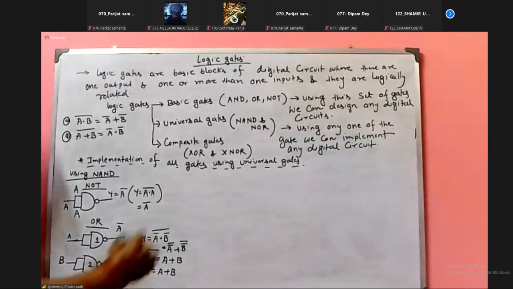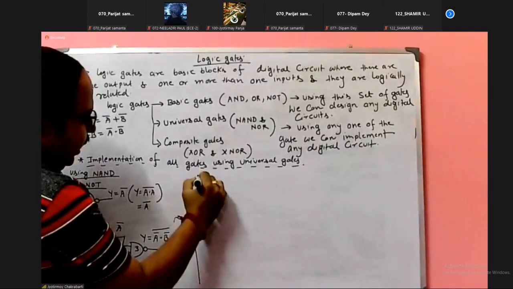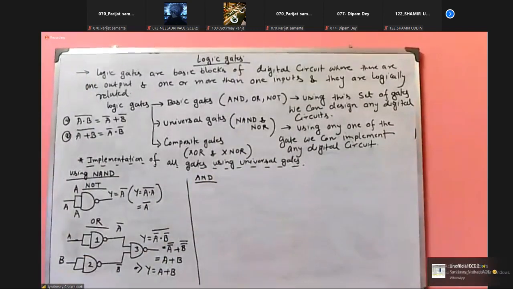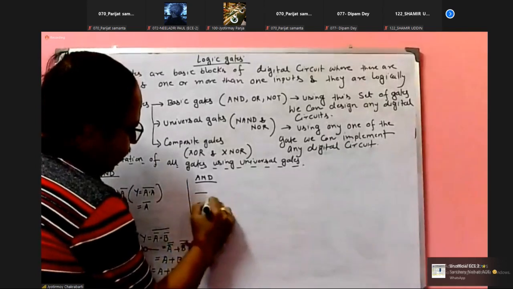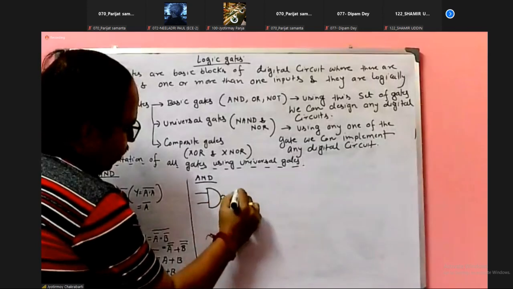Okay, so next is AND gate. AND gate is very simple because you will have an AND gate followed by an inverter.